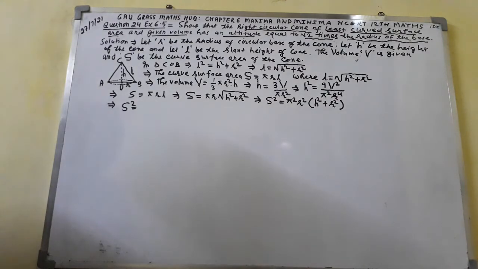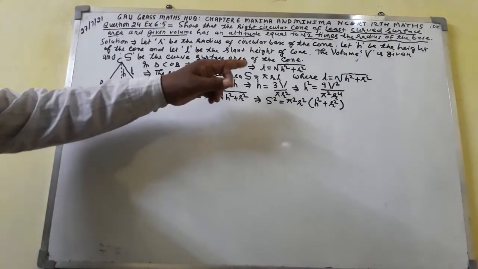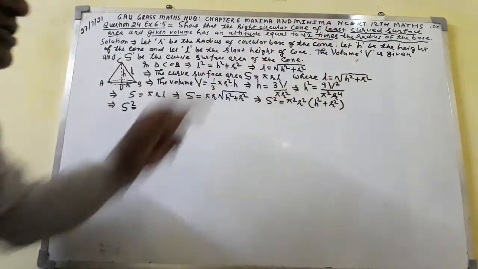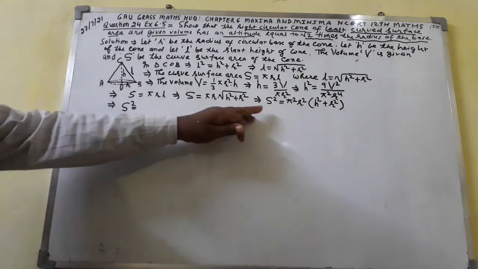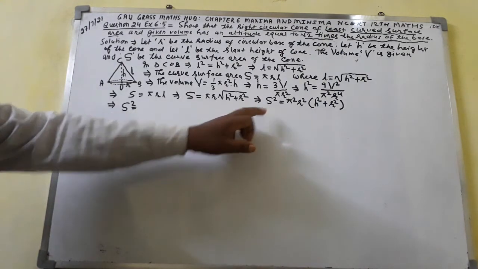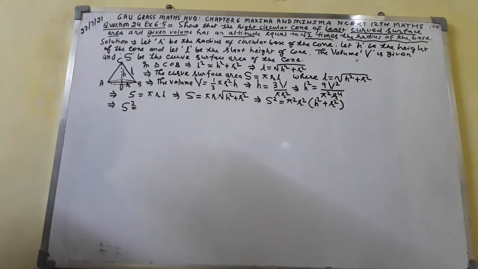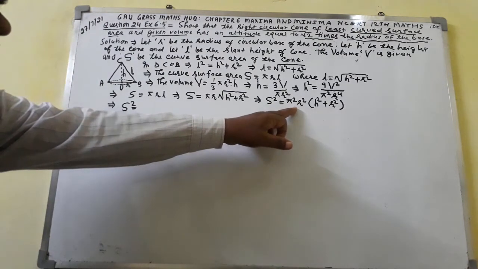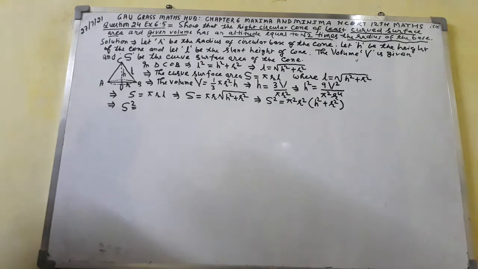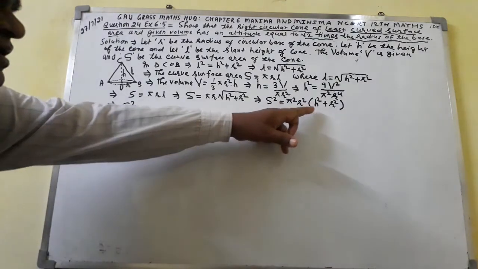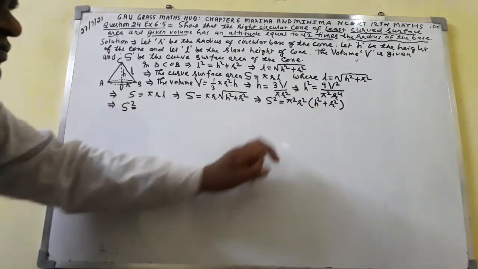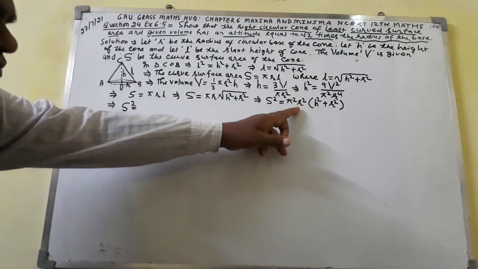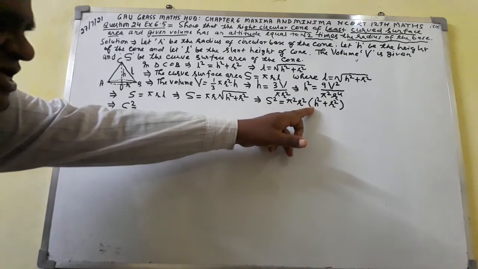Capital S is to be minimized. Why minimized? Because the question says least. S is to be minimized with respect to r. Here two variables are available, r and h.